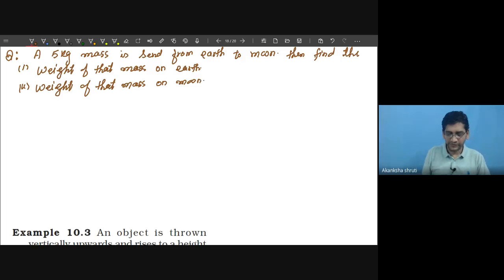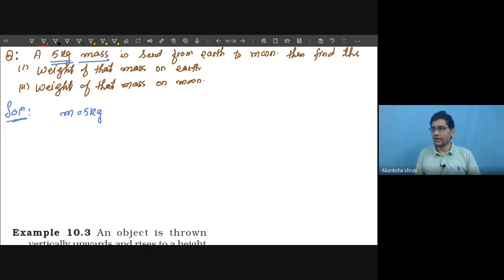Okay, student, the question is very simple. Here it is given that 5 kg is there, so mass is equal to 5 kg. It remains 5 kg whether it is on earth or on moon.